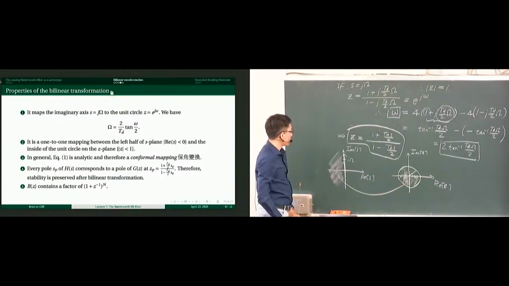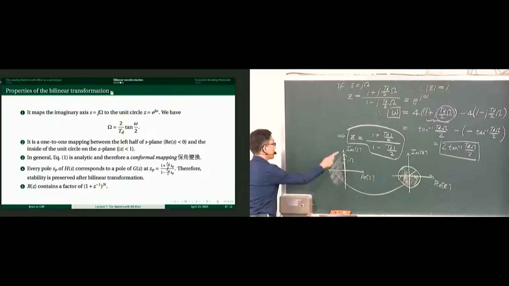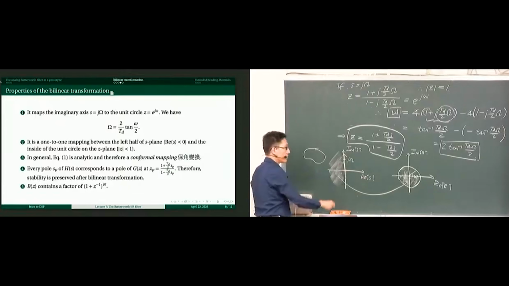So the principle is that this is a property of a complex function with a complex variable, okay? 复变的一个 basic property, which says that if you have a closed contour and the orientation is counterclockwise, and you take it from S to Z.